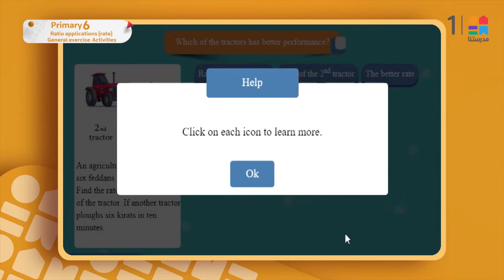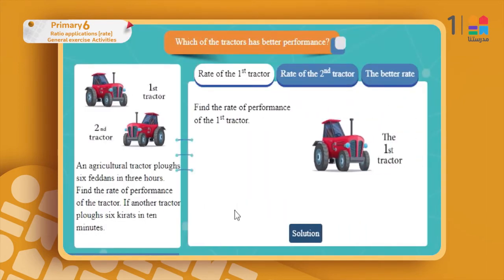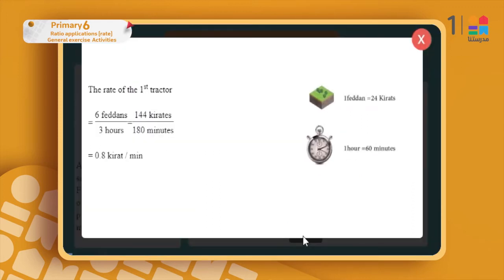Read the question carefully and find the rate of performance of the two tractors. First step: simplify the two terms. 6 fedans equals 6 times 24, which equals 144 kirats.